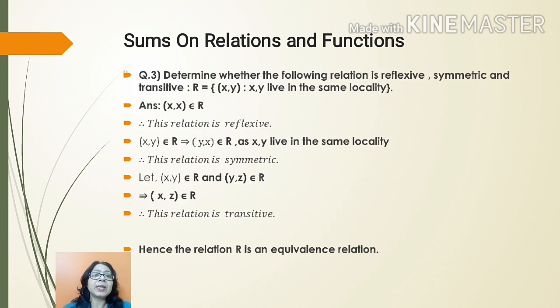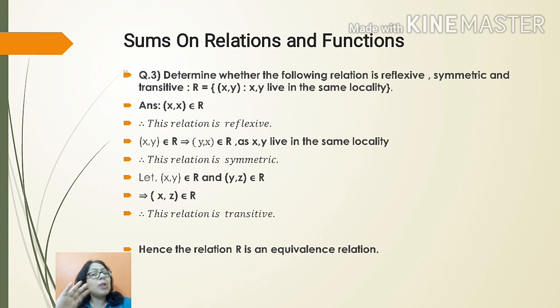Number 3. In the same way we have to check whether it is reflexive, symmetric, or transitive. So here relation R is equal to {(x, y)}, where x and y live in the same locality. The first part, for reflexive, is that (x, x) belongs to the relation R. Therefore the relation is reflexive.